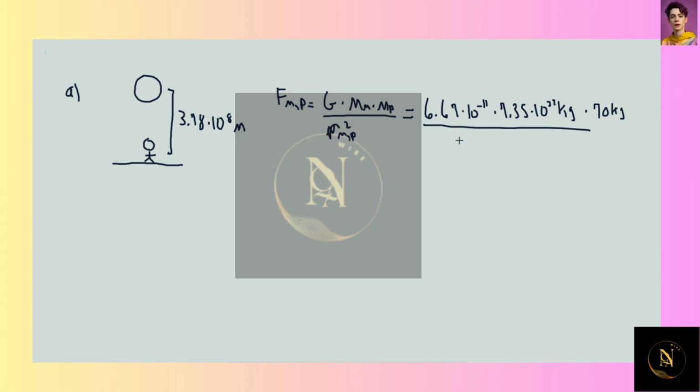And the distance between the two, which we've conveniently already converted to meters, so 3.78 times 10 to the 8th meters, and that's squared. So we compute that, and we should find that the force is 2.4 times 10 to the minus 3 newtons.